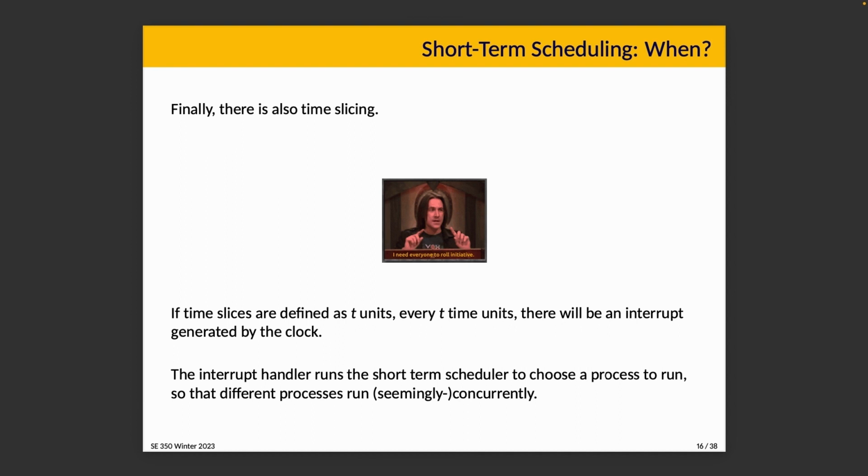If time slices are defined as T time units, the implementation looks like, well, every T time units, there's a clock interrupt that's generated. When we handle this interrupt, the process for handling it is running the short-term scheduler to choose what process runs next, and so it makes it seem like different processes run concurrently.